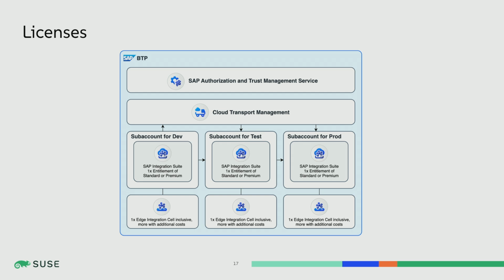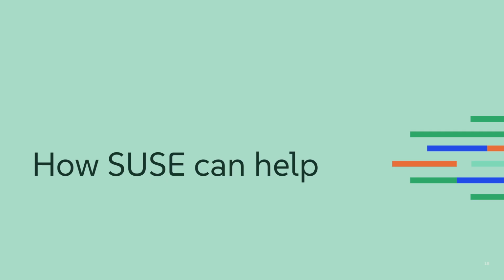And above all that, you see here also Cloud Transport Management and IAS for authorization. But at the end, this is usually the landscape how it looks for us. Yeah. So we are coming to the next topic.